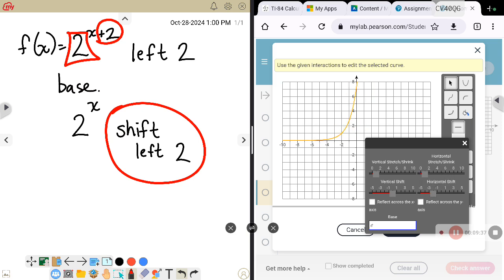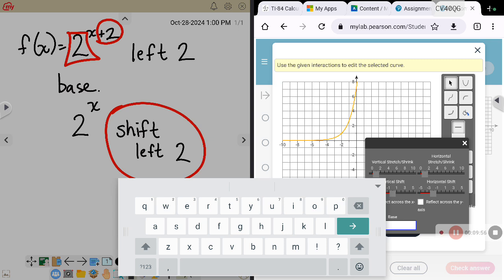Also, you'll notice under the reflection boxes in your shifting box, that blue rectangle, MATLAB defaults and automatically sets the base to E. What I need to do is go into that box, take out the E, and put in my base, which is a 2.